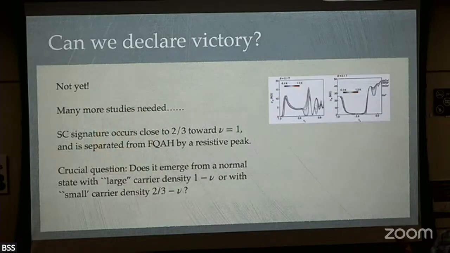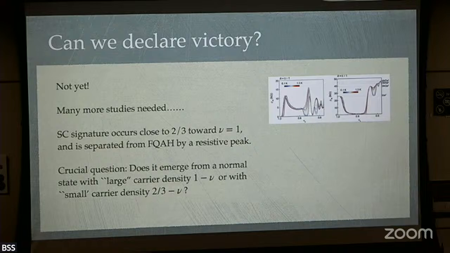Okay, so can we declare victory? That's the real question. And I don't think I want to declare victory. It's encouraging, but you have to be very careful before claiming victory, right? First of all, this signature of superconductivity occurs close to the fractional quantum Hall state, but it's separated by a big resistive peak, right?